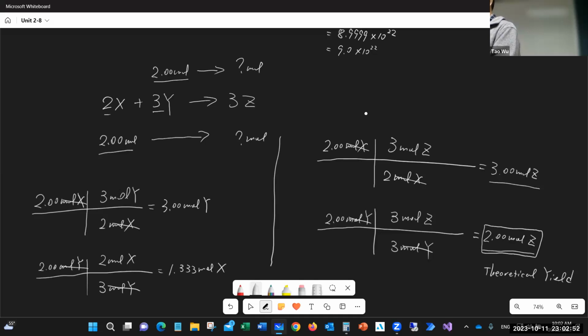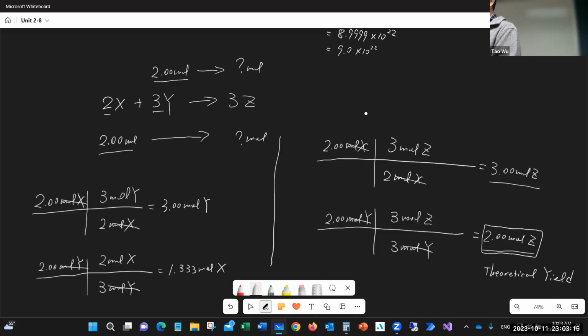So you see, you compare the same thing, Z, but we're going to choose the smallest. The smallest one is called the theoretical yield.